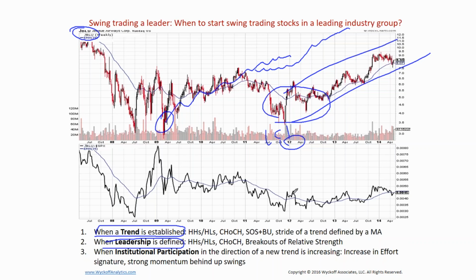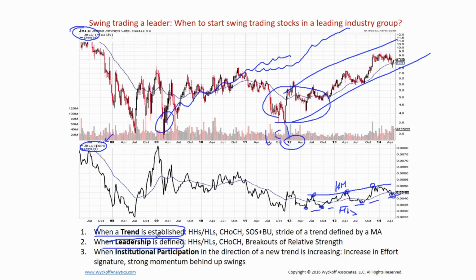And then we are seeing that even in the stock itself, relative to the market, S&P, we are starting to see higher highs and higher lows in this area. So we are establishing a trend. The stride of this trend is not that steep for us yet, but we're seeing that the stock is starting to outperform.